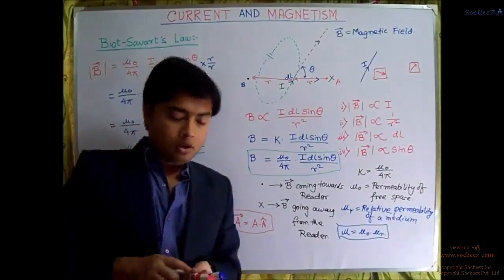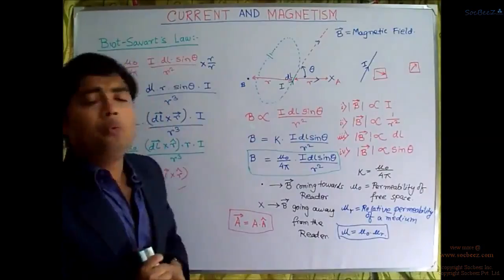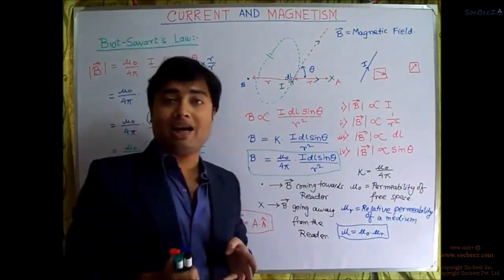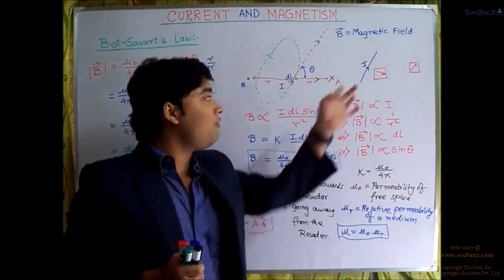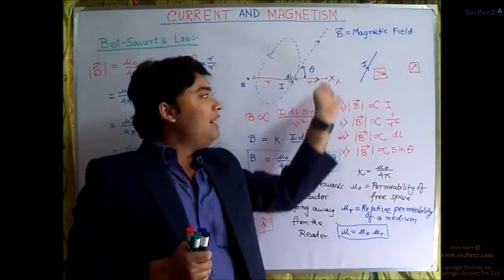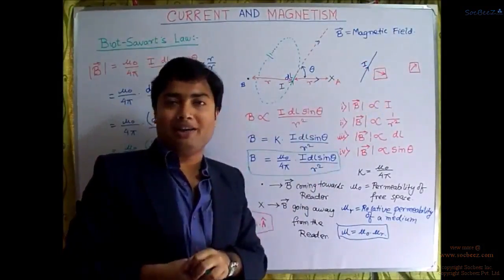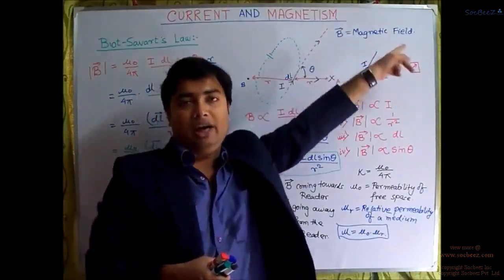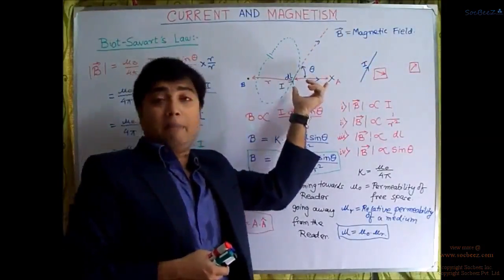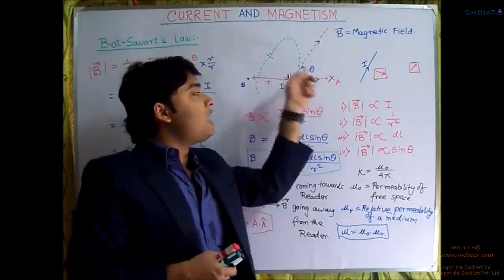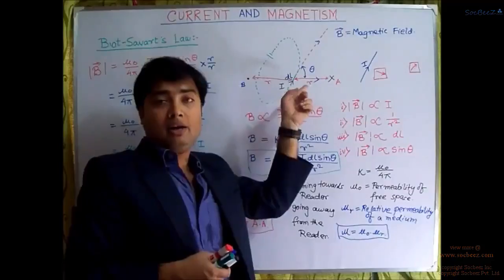Right? So from this lecture we are now able to understand why Oersted actually saw the deflection of the magnetic needle when it was kept near a current carrying conductor, and what the magnitude of the magnetic field would be when separated by a distance r, with dl and r making an angle theta.